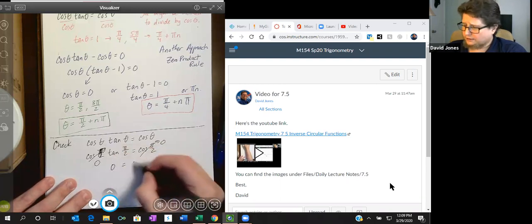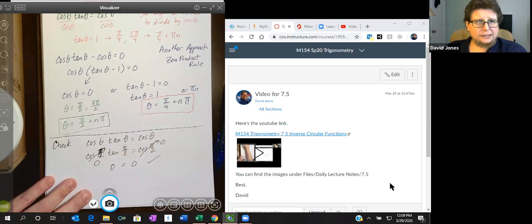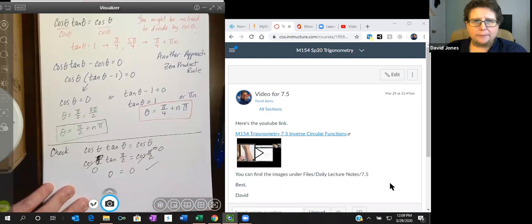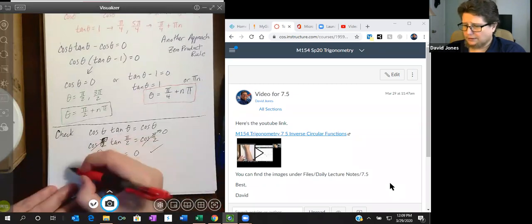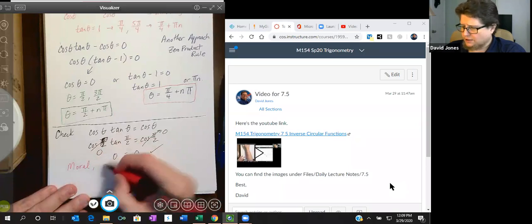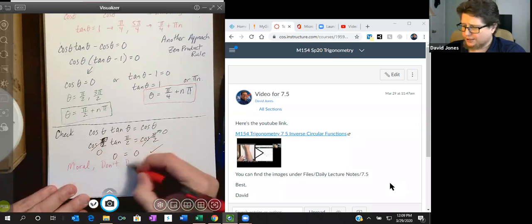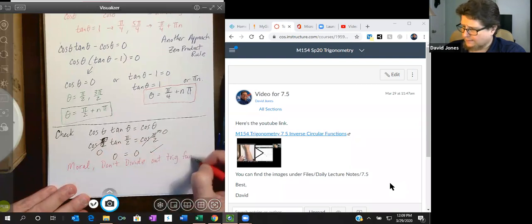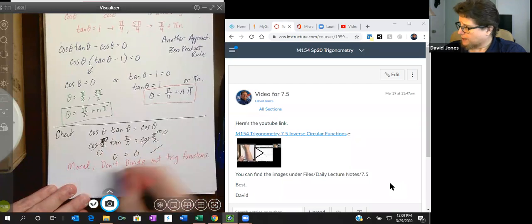We got 0 equals 0. Those are valid solutions. By eliminating them, we actually broke the system. So you do not want to divide out a trigonometry function. So moral: don't divide out trigonometry functions. You lose potential solutions.